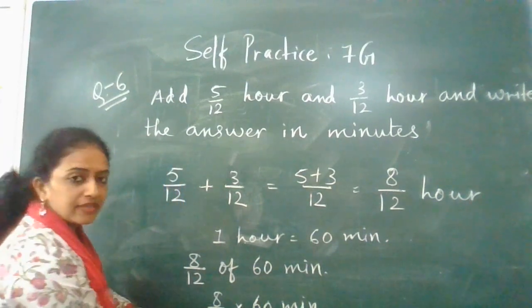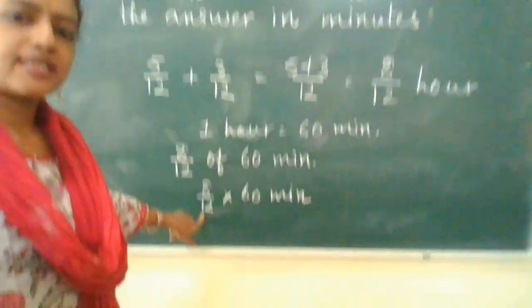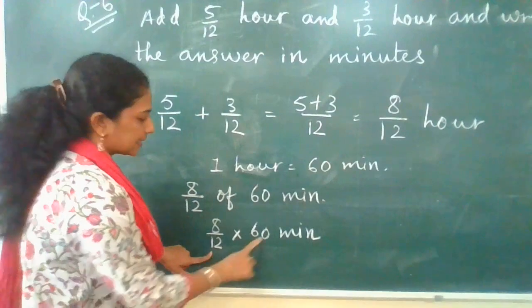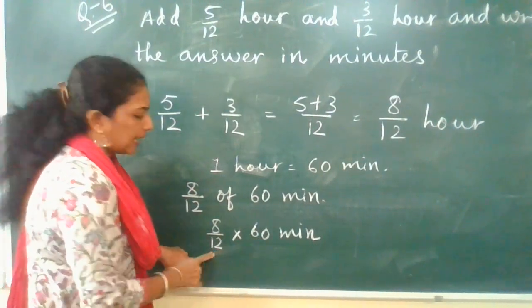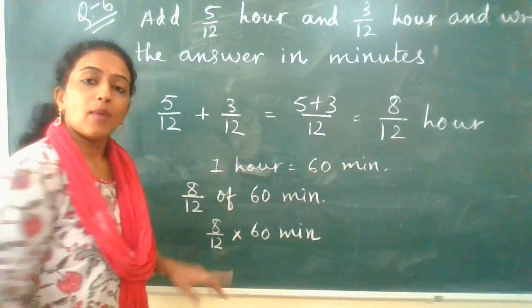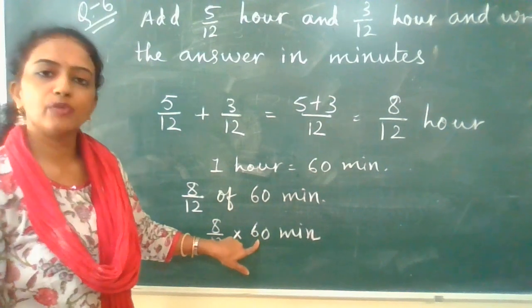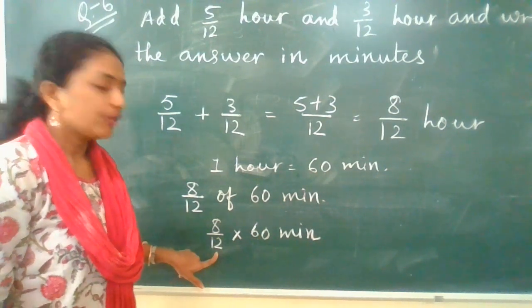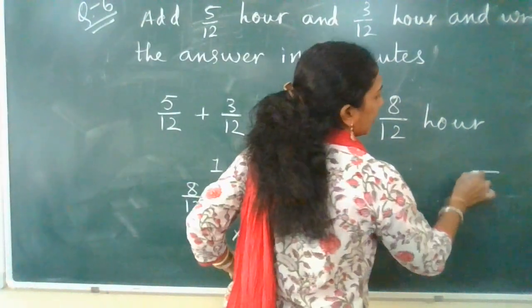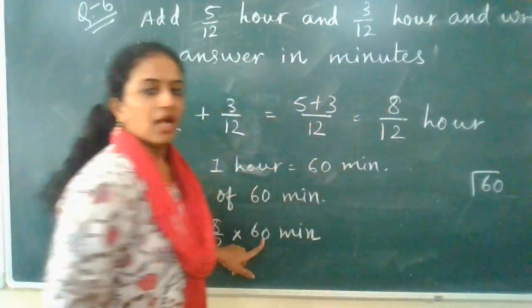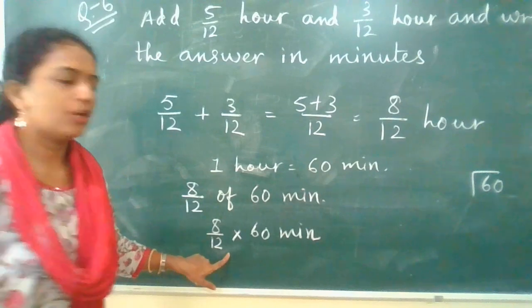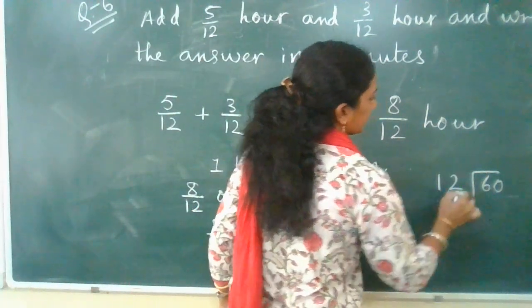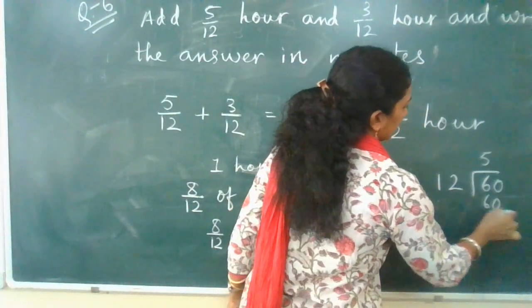Now this 12 and 60 we have to divide. Why do we have to divide? Because we consider 60 as a numerator and 12 as a denominator. We all know numerator is dividend and denominator is divisor. 12 fives are 60.